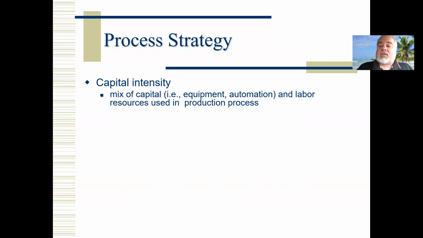Or labor resources. Well, that costs money too, but now you're talking about people. And so you're balancing equipment and automation and computerization and human labor, and you're balancing those things to create what you consider to be the sweet spot of capital intensity, how much money you're throwing into the process to try and make it as profitable as possible.